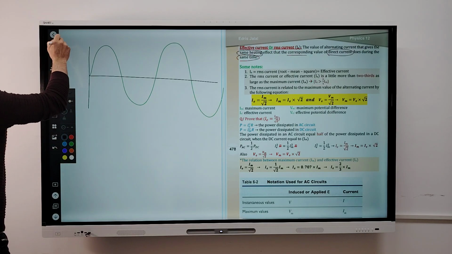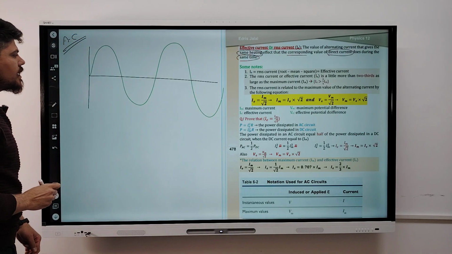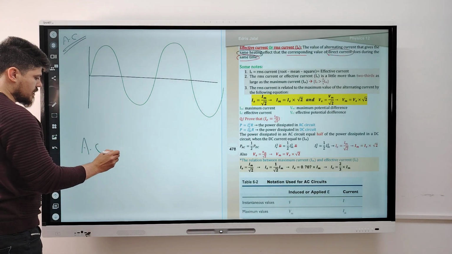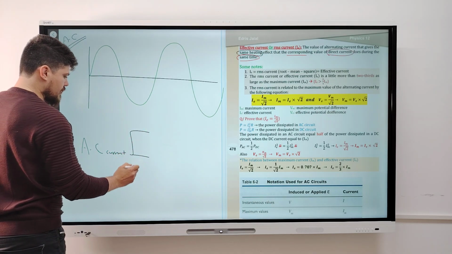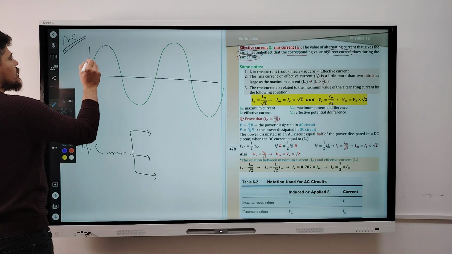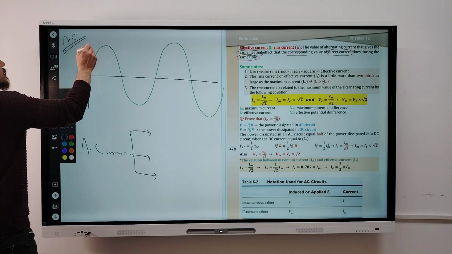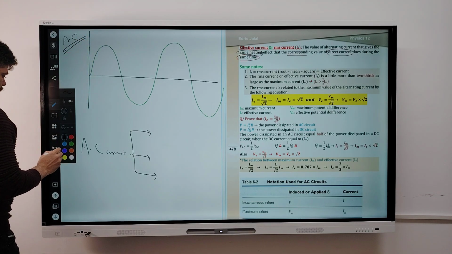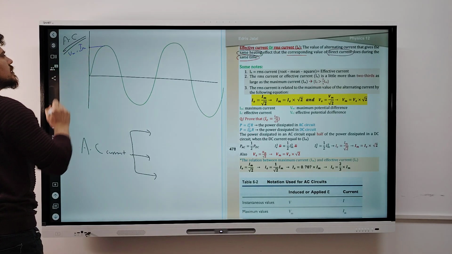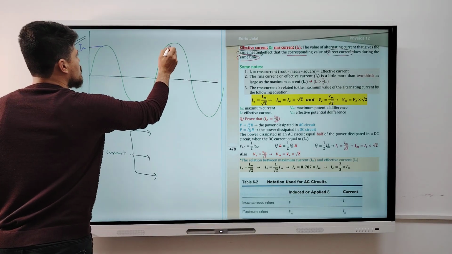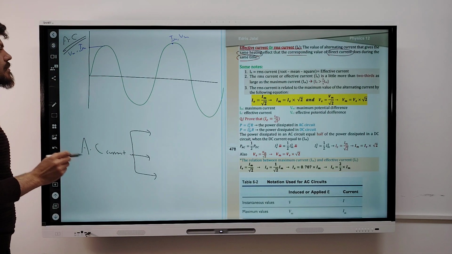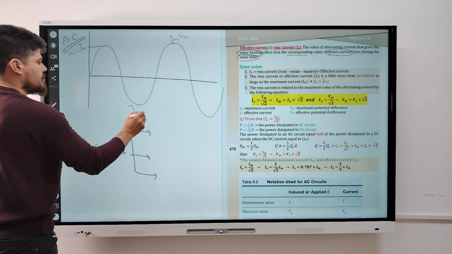This is the maximum value of current or potential difference, Im or Vm. This is the maximum value, and also here, Im, Vm.